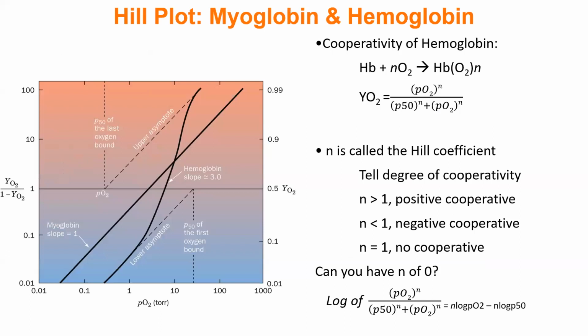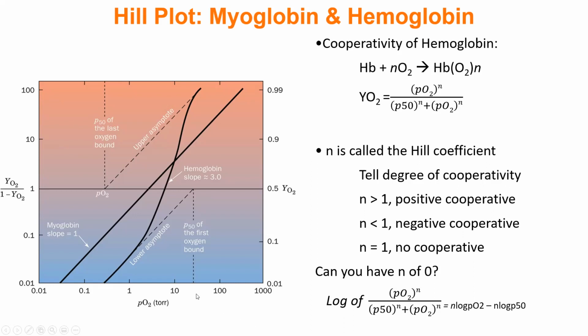All right, so the next thing we're going to talk about is the Hill plot. What a Hill plot is, it tells you if a protein has cooperative binding or not. What you do is plot fractional saturation divided by 1 minus fractional saturation, which is a weird idea, but that's what the y-axis is.